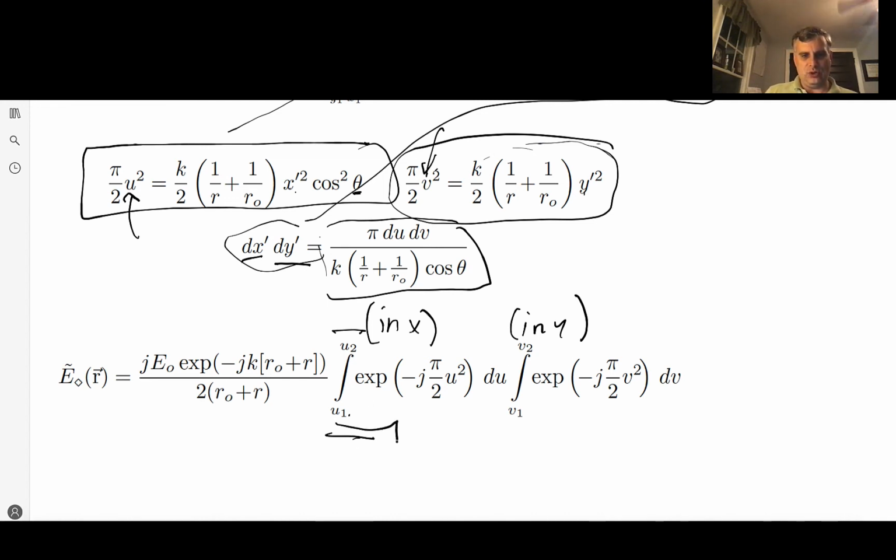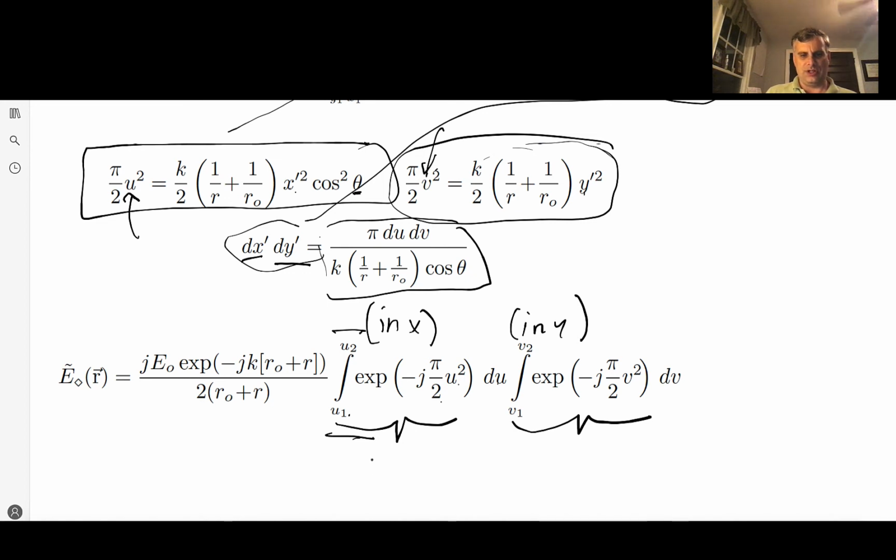It leads to two basically identical formulas for the integral. An exp to the minus j pi over 2 u squared du, and then an exact same integral with the y related limits, with respect to v.